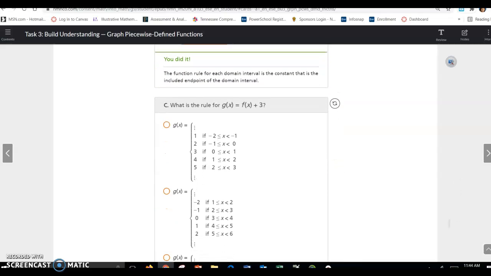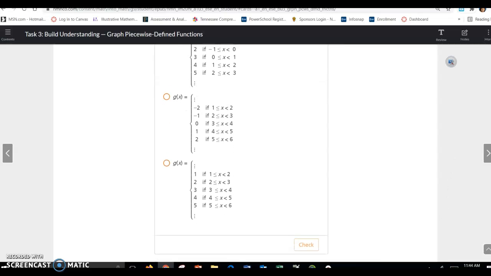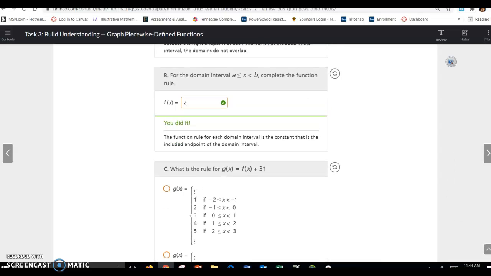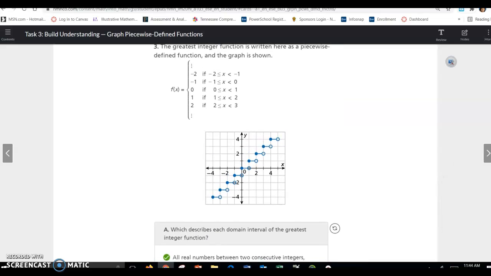All right, what is the rule for g of x if it is f of x plus 3? Remember this is a vertical translation, so this is going to move your function up 3. So if we move it up 3, that means the y values are going to move up 3. So if we look at f of x, it goes from -2 to 2.